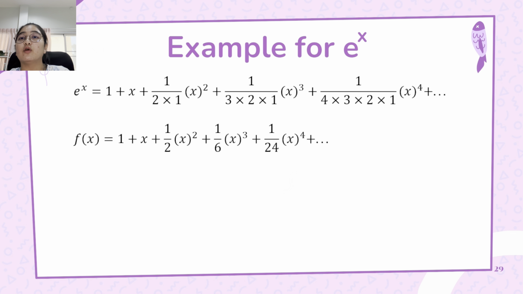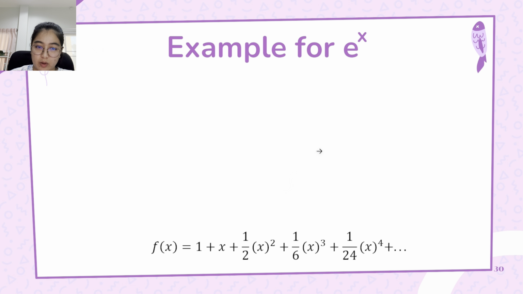And if we use the Maclaurin series, it will be e to the power 0, so it will always be 1. So the function values in here will always be 1.